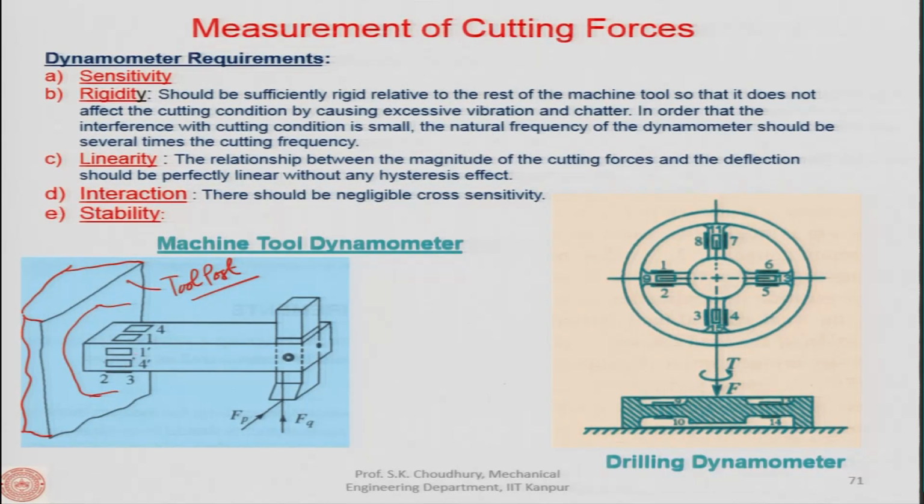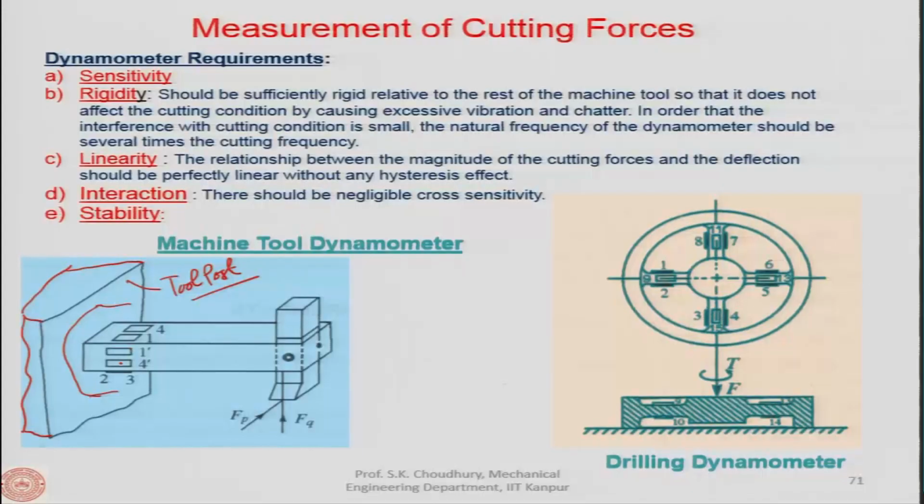Inside this dynamometer, we will have the strain gauges, or of course, in the modern dynamometers, like the dynamometers made by Kistler in Switzerland, they actually have the monopoly. The best dynamometers available so far in the world are the Kistler make dynamometers, and those dynamometers use piezoelectric elements.